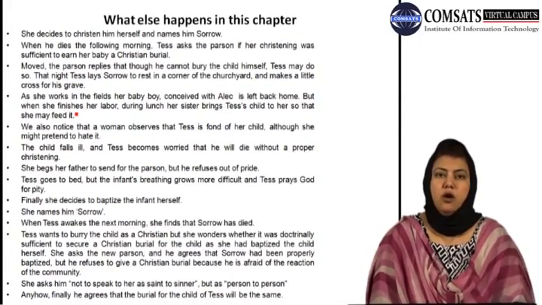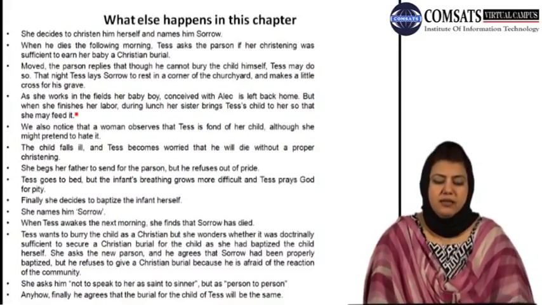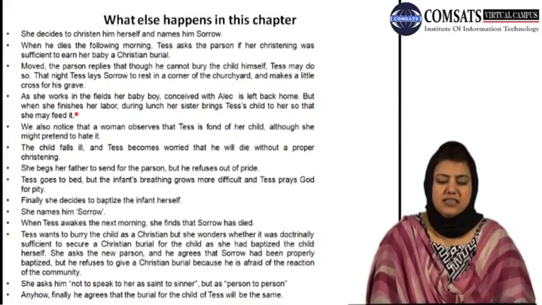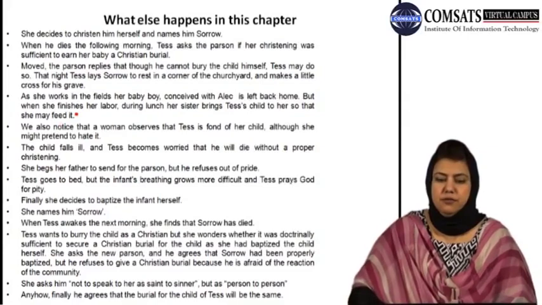Rather, they should talk on more human grounds, that is person to person. Anyhow, finally the parson agrees that the burial of the child of Tess will be of the same nature, and we notice that Tess does it herself.